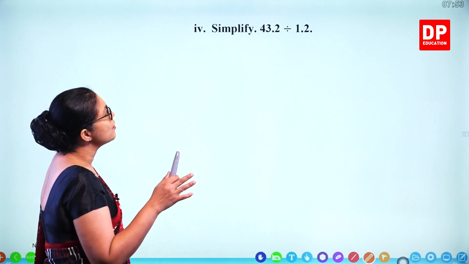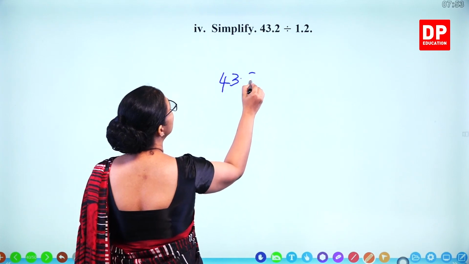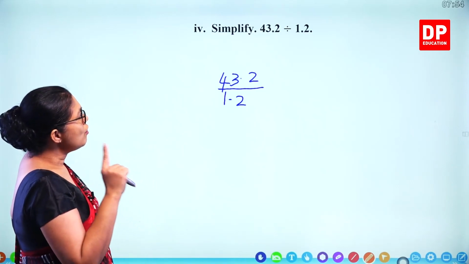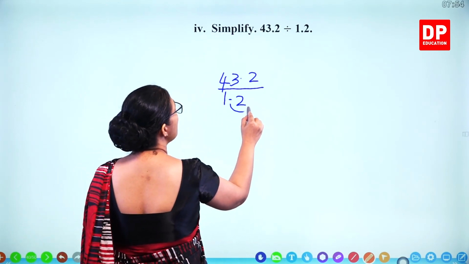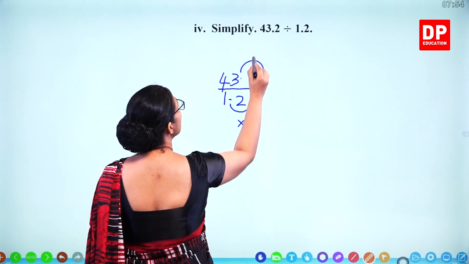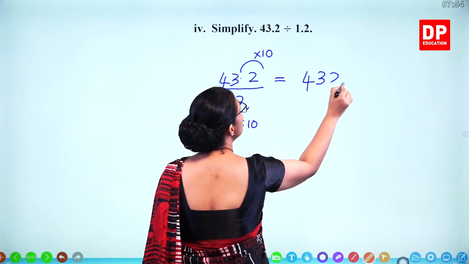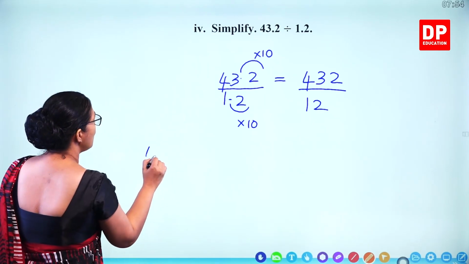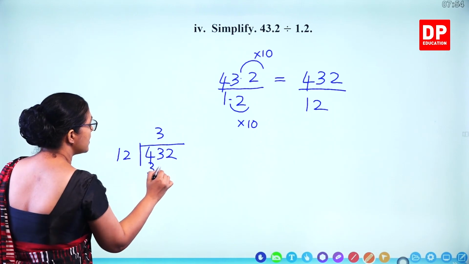Simplify. Now this is not related to the previous one. Decimal division. So how do you divide decimals? You have to look at the divisor. When you have decimals in the divisor, you have to get rid of that. So you can multiply by 10. So do the same thing for the numerator, multiplied by 10. Both the numerator and the denominator, you get 432 and 12. Now this is normal long division. 432 divided by 12. 12 times 3, 36.